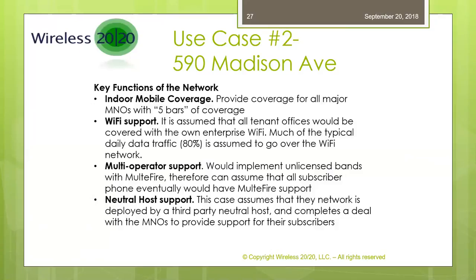Typically when someone comes in to rent a space in their building, somebody in the group that's touring the building is looking at their phone, and if they see 1 bar of coverage on their phone, they're probably moving on to the next building to find a building that has better indoor coverage.